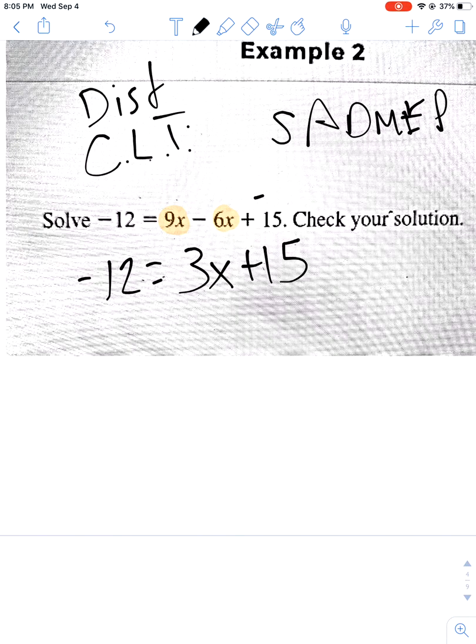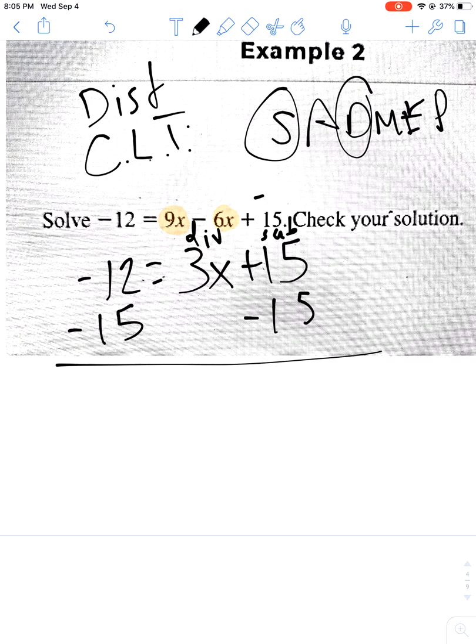Now I just need to figure out what I need to do to get x by itself. Well, I need to divide here and subtract here. Subtraction comes before division, so I subtract. Whatever I do to one side, gotta do the other. These cancel because they're inverses. Same sign, so I add and keep the same sign.